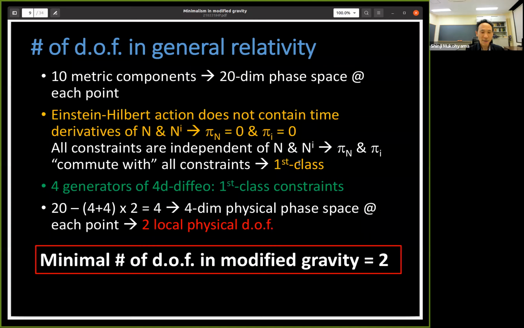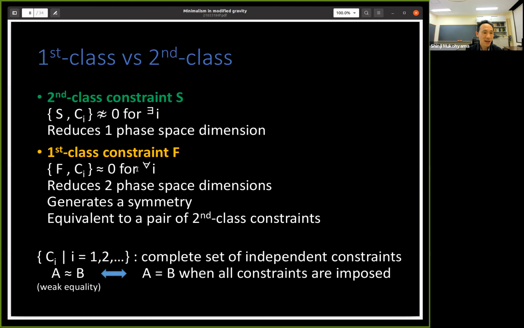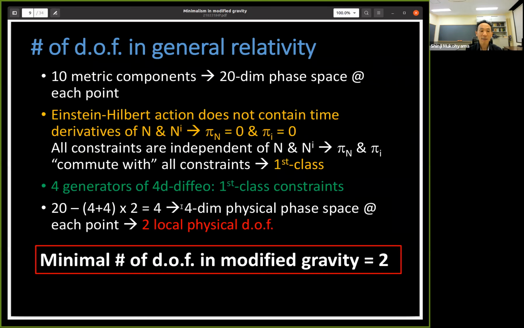And so they are first class, and each of them removes two phase space dimensions at each point. And also GR has more first class constraints because, as I said here, the first class constraint is related to symmetry, and general relativity has diffeomorphism invariance.